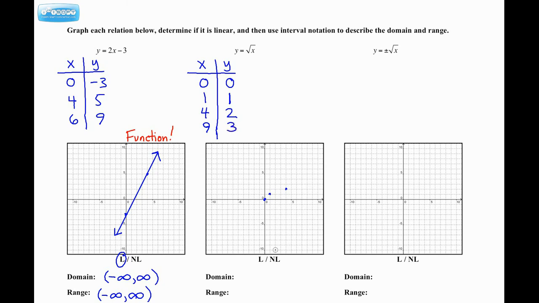So let's plot this: x is 9, y is 3. And we could of course go on and on. I'm going to connect these as best I can. So the graph would look like that. It would go on forever, but clearly it's not linear.